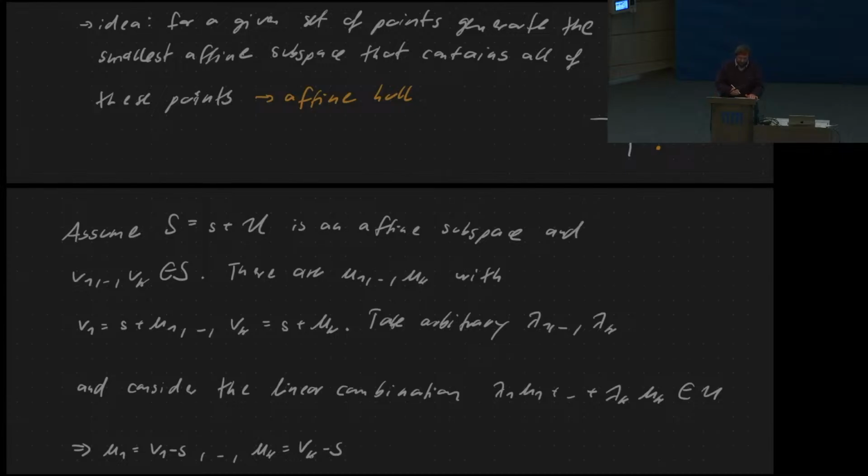If I want an affine subspace that contains 2 points, let's say I want this point and this one, and I want the smallest affine subspace that contains both of them, what do I have to do? Well, I need to take the line that is defined by those 2 points. So this here, right? That is the affine hull of those 2 points.